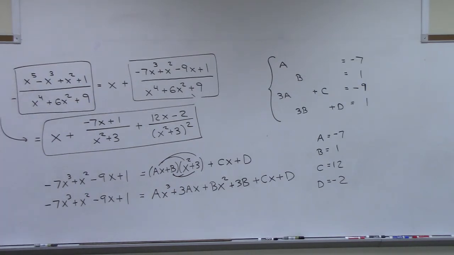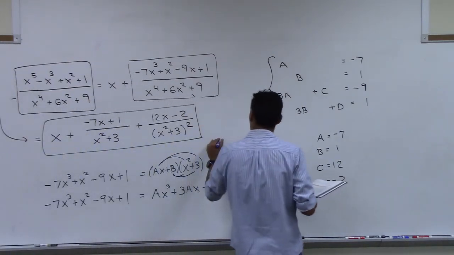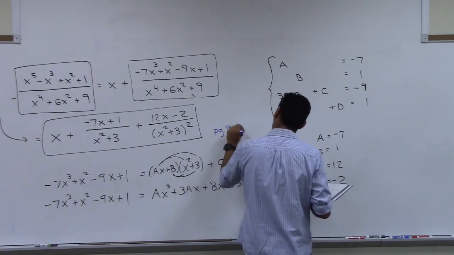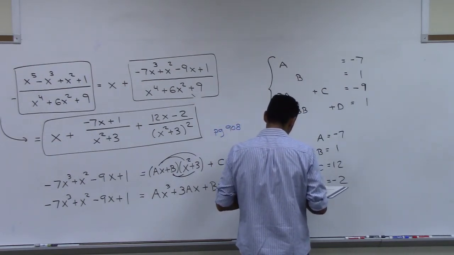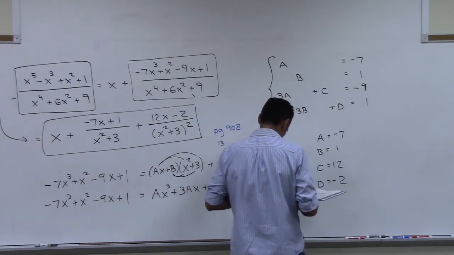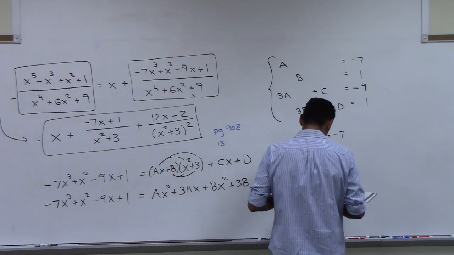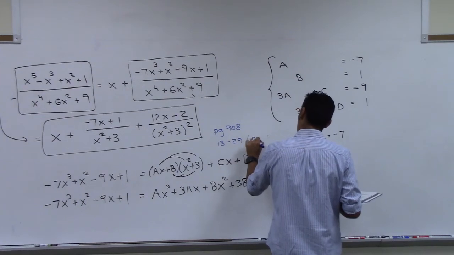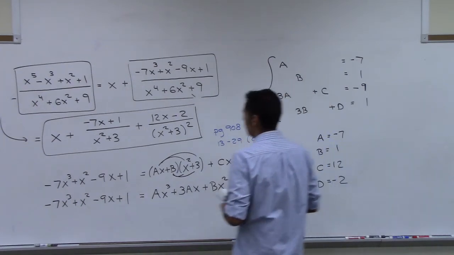Oh, homework. I should tell you what I want you to do here. For homework, do page 908, and let's do 13 through 29 odd, a decent set of problems.